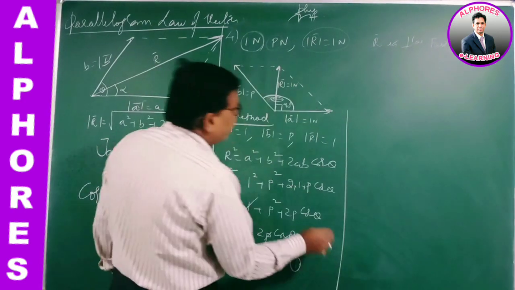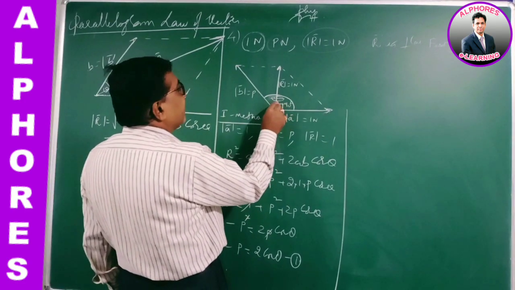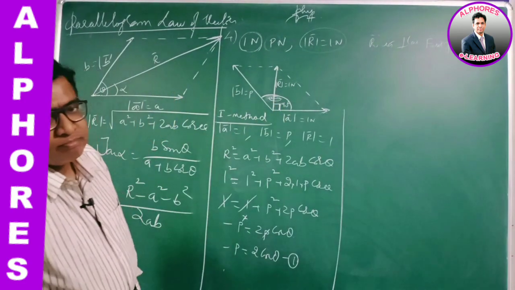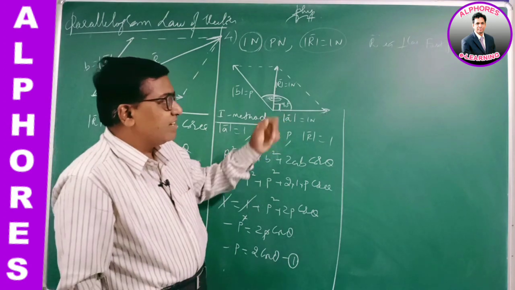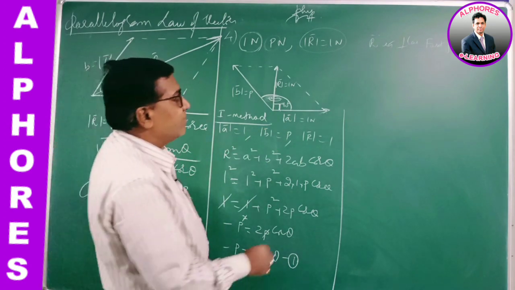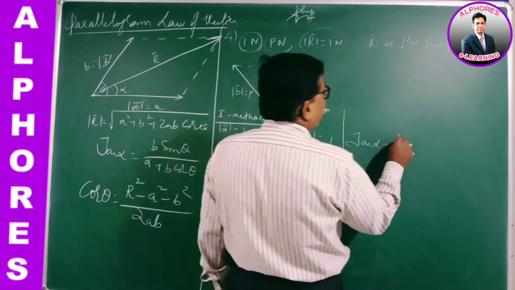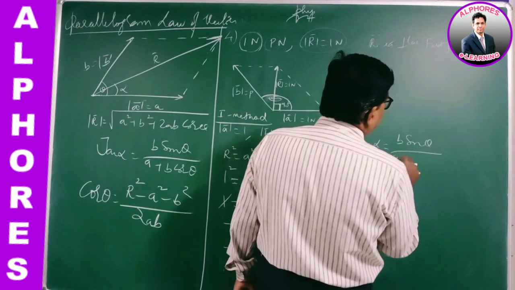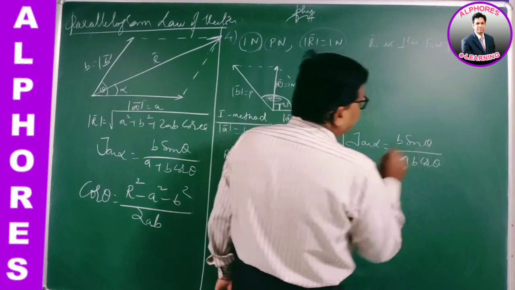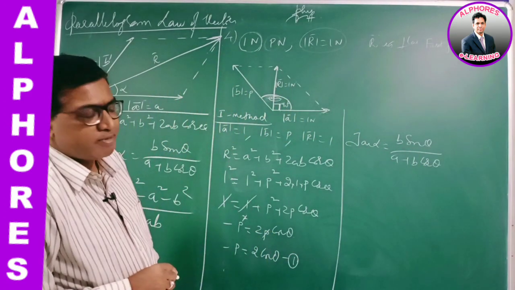Then he has given that the resultant is making an angle 90 degree with the perpendicular to the first vector. We know the resultant direction is tan alpha equals B sin theta by A plus B cos theta.